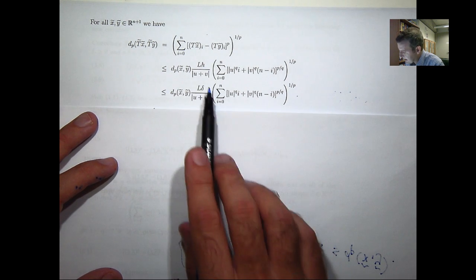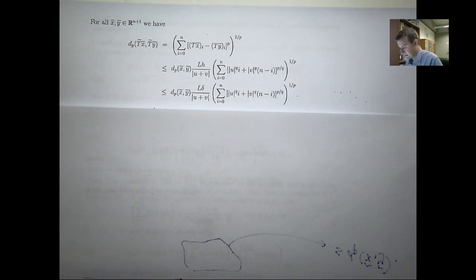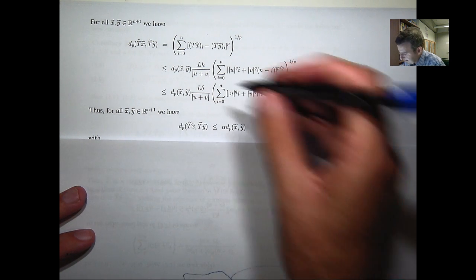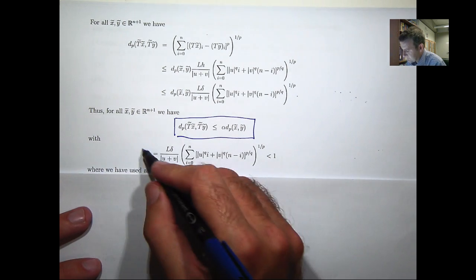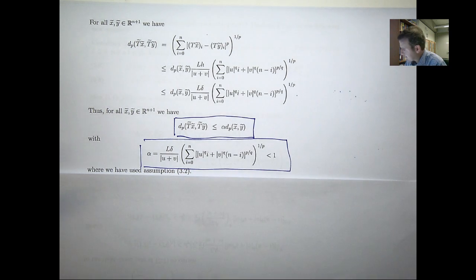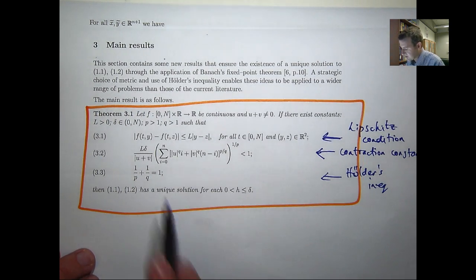And if h is less than or equal to this delta, as in the theorem, then I've actually got a contractive map where this is strictly less than 1. Remember, this is one of the conditions of our theorem, 3.2.